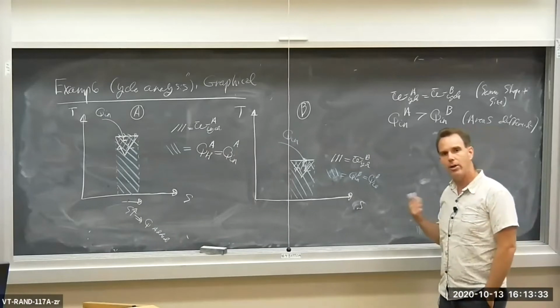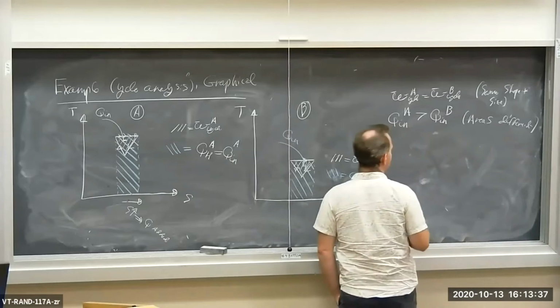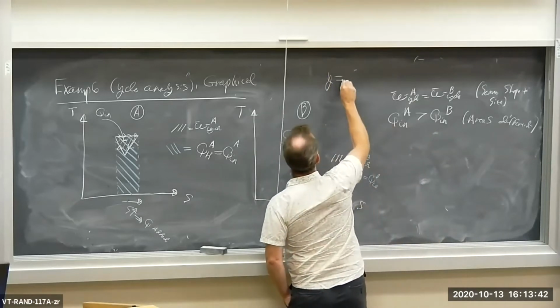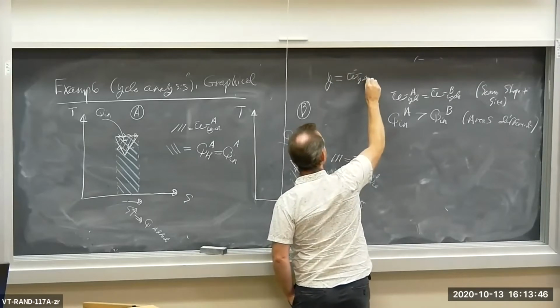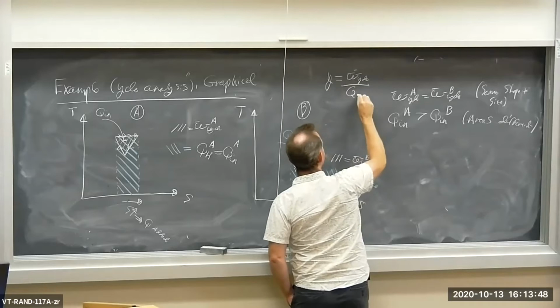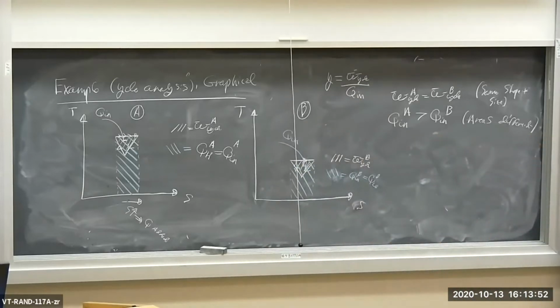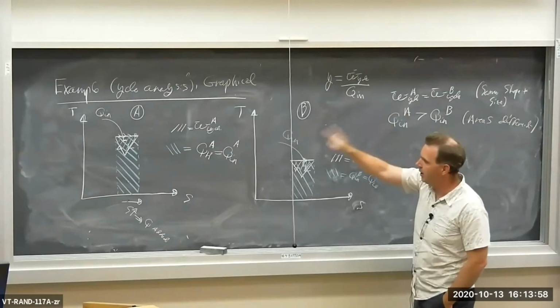Okay, let's calculate the efficiency. Let's compare the efficiency. So remember, efficiency for a heat engine is the work over the cycle divided by the heat input from the high temperature place. Now in our case, the works are the same, but the heat transfers are different.